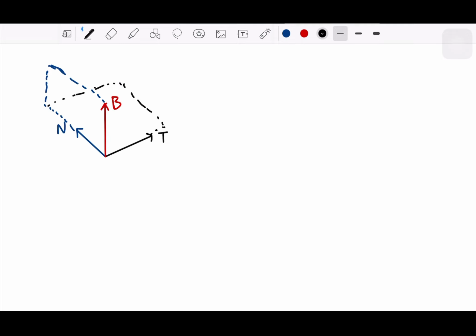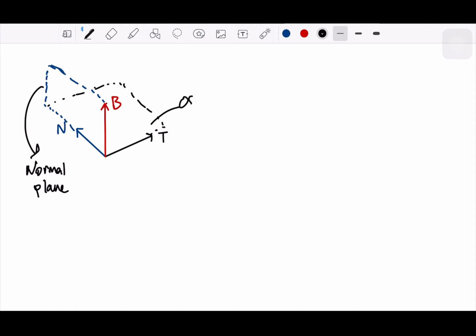Now for BN, we call this the normal plane. And the TN will be the osculating plane.